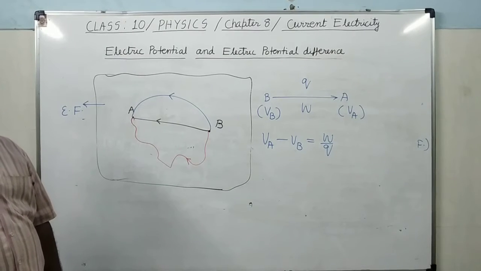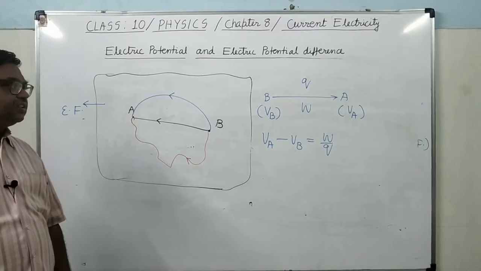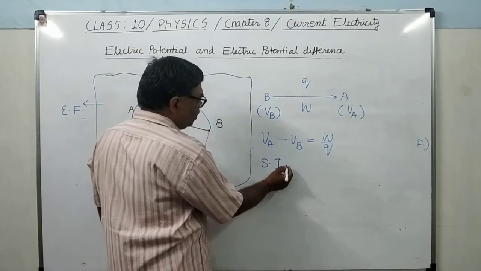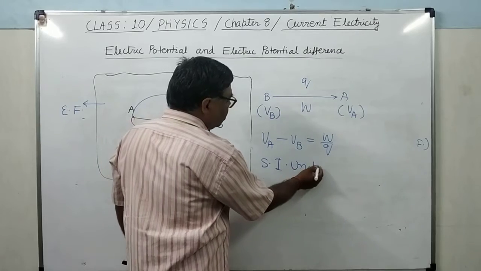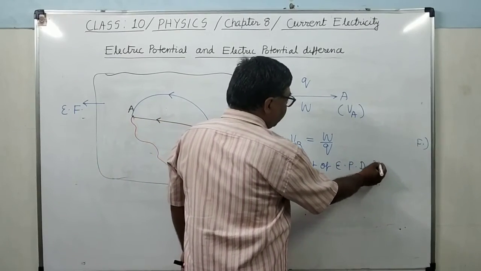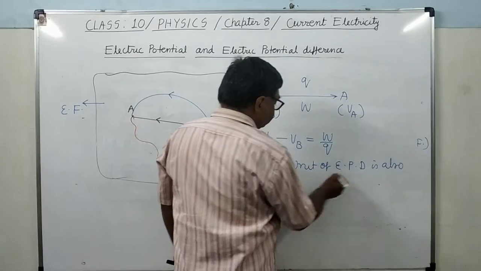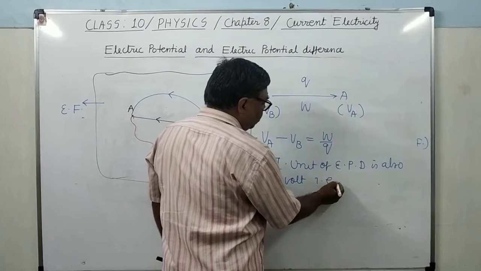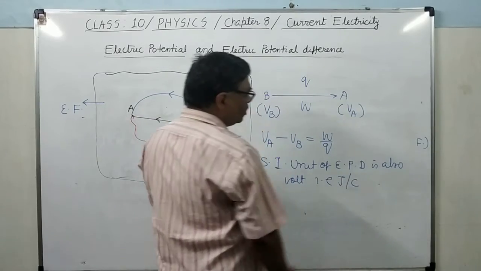It's clear? Now see here, what is the SI unit of electric potential difference? The SI unit of electric potential difference is also volt, that is joule per coulomb. It's clear?